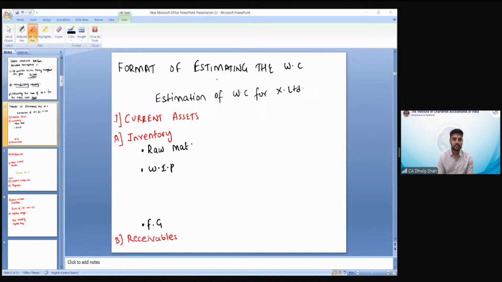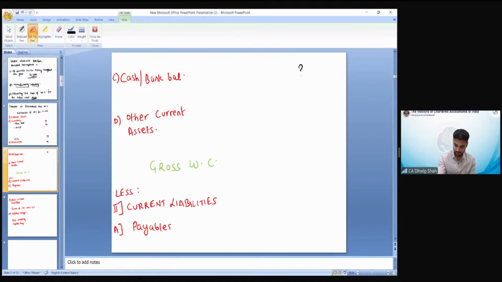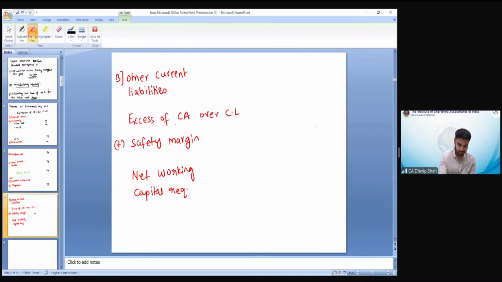Okay? So the format is very simple. Now the task is to find these values. How to calculate raw material, how to calculate WIP, how to calculate FG, how to calculate receivables, cash bank balance, other current assets, how to calculate payables. The next task is to learn how to calculate each and every component of working capital.